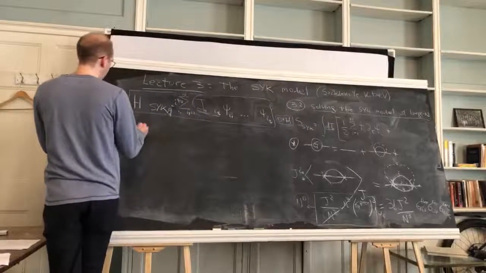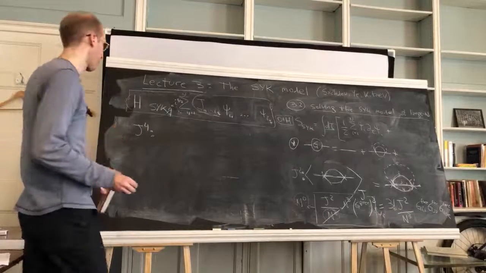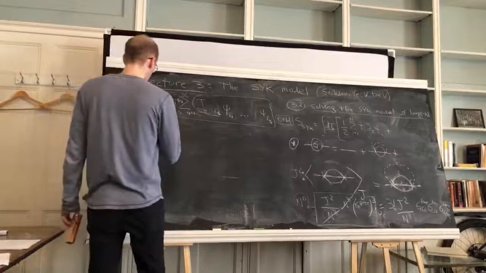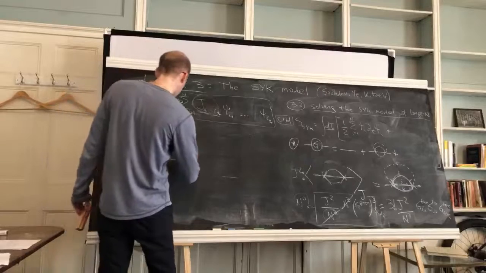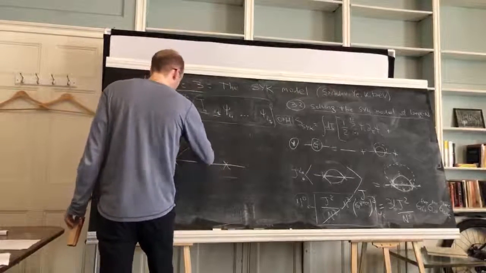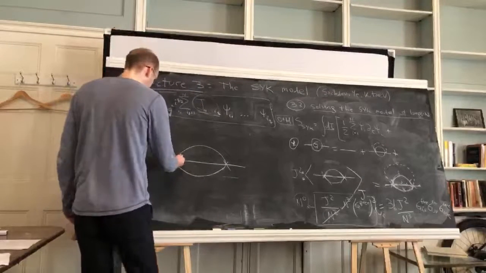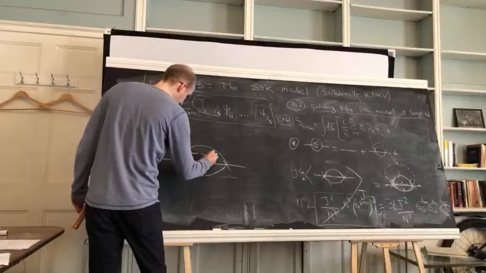So let's go to J to the 4th power now. Let's look first at this diagram. One is the one that we had before, with a disordered line over here.